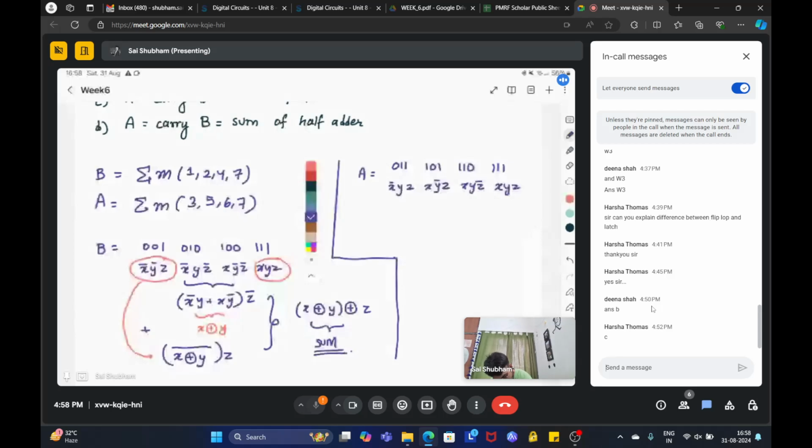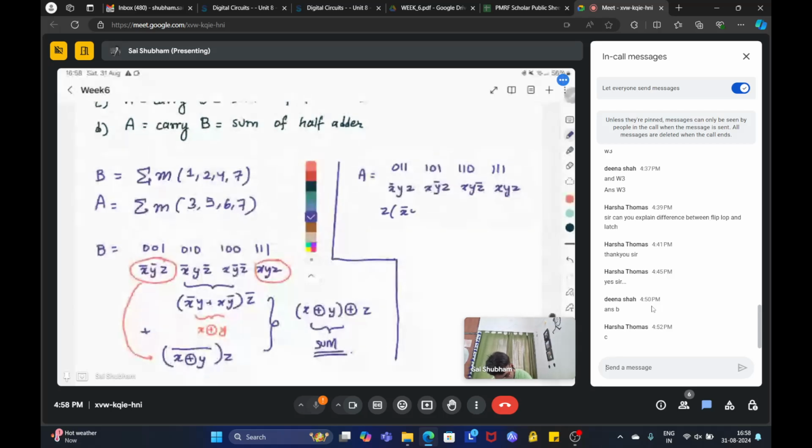Taking z common, x bar y plus x y bar, and here this will be x y z bar plus z.